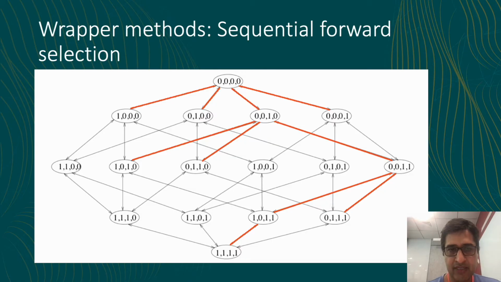In forward selection, you start from 0, 0, 0, 0, and then pick the feature in the first stage that gives you the maximum predictive power. Let's say that after having evaluated these 4 combinations, you figure out this one gives you the most predictive power. Then, with that feature selected, you find out which is the next one that gives you the most predictive power. So you find that features 3 and 4, let's say, give you the most predictive power, and then you pick the next, and so on and so forth. In this process, you identify at which point you should overall stop.